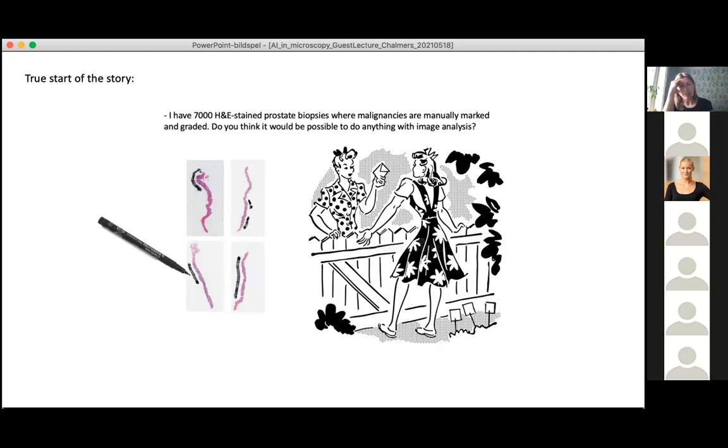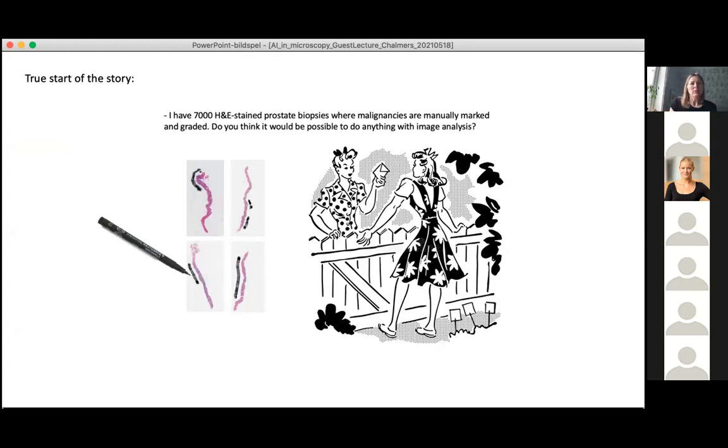And when I heard about this, I got quite excited, because this meant that there was a lot of high resolution image data and really with labels. And this is the key thing for creating good deep learning.